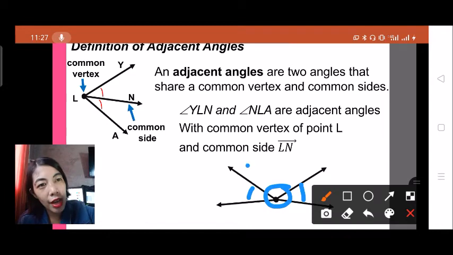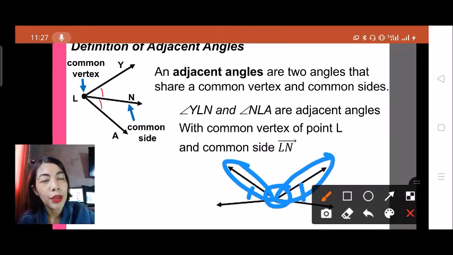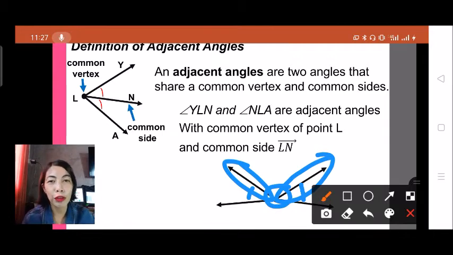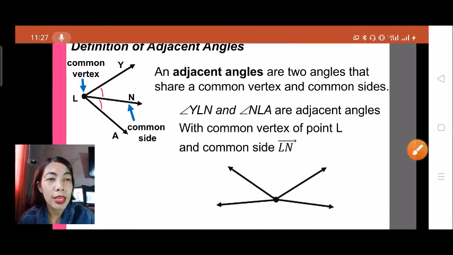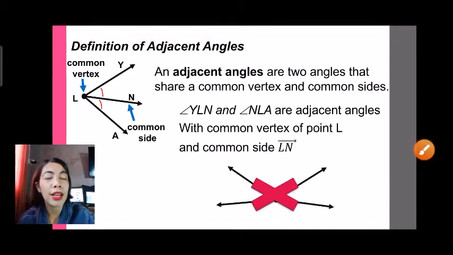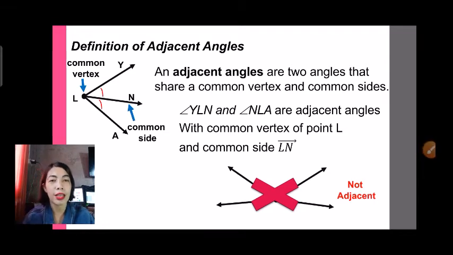Ito yung side ng isa. Ito naman yung side ng kabila. So, kung titingnan natin dito sa figure na to, meron na tayong tatlong angle. But kung titingnan lang natin ay dalawa, so hindi sila adjacent. They are not adjacent angles, because they only have a common vertex but they do not have a common side.